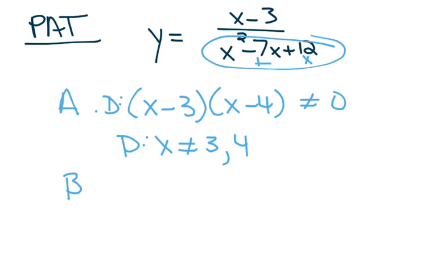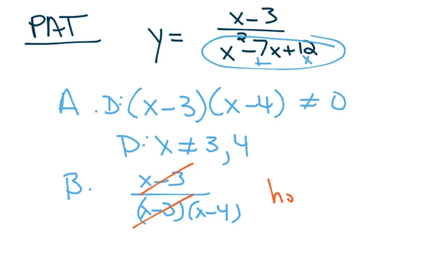In part B, they want you to identify the equation of any vertical asymptotes and any holes. Well, once you factored it, this is what we have. Because I can cancel those, that must be a hole, and the hole is at x equals 3.